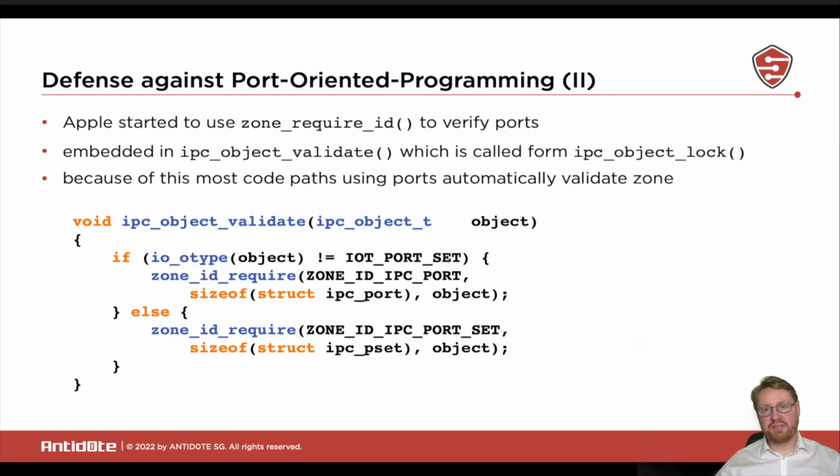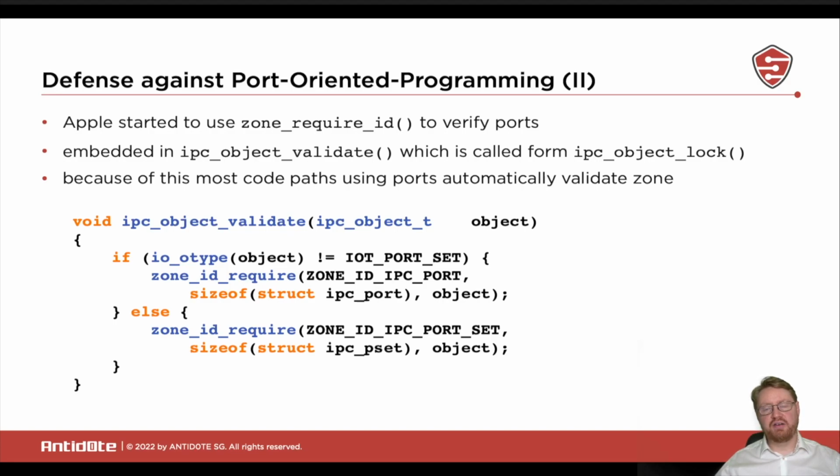The next thing that Apple did is they used the power of the zone allocator, namely the new zone require function, to ensure that whenever they attach a port, it is really a port. And I mentioned it before, Apple has not only zone require, they also have zone require ID.